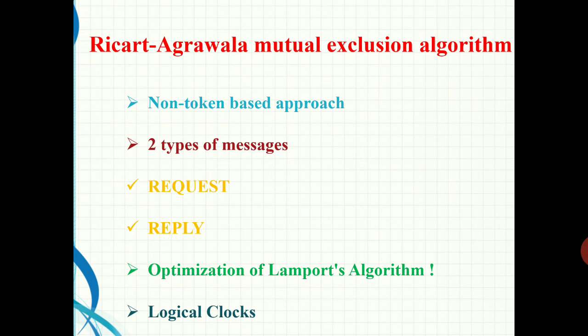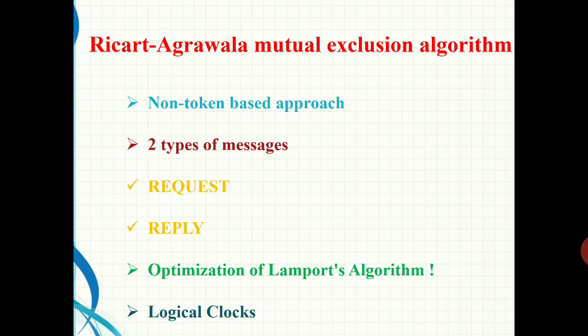When we compare the Ricart-Agrawala algorithm with Lamport's algorithm, Lamport's algorithm contains three types of messages: request, release, and reply. Ricart-Agrawala contains only two messages, that is request and reply.